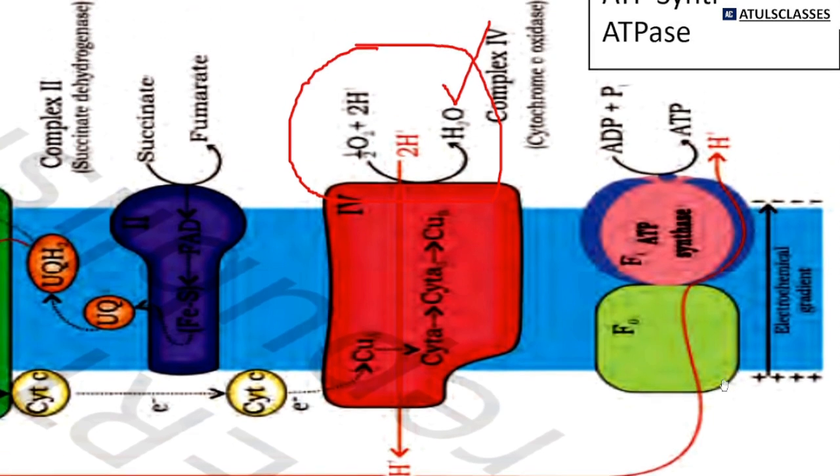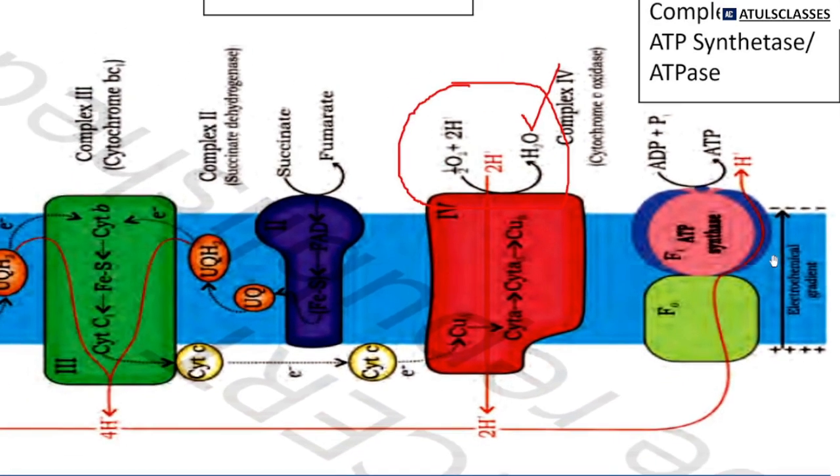And the movement of two hydrogen ions will rotate this, and it will help in the reaction between ADP and one inorganic phosphate to form ATP. So complex 5 works on this important phase.